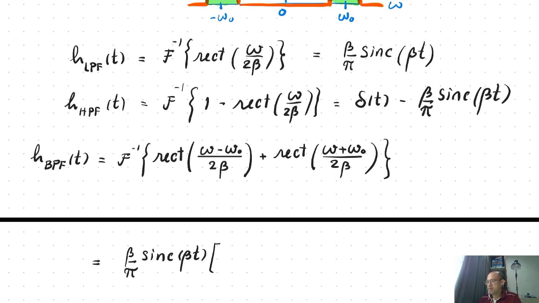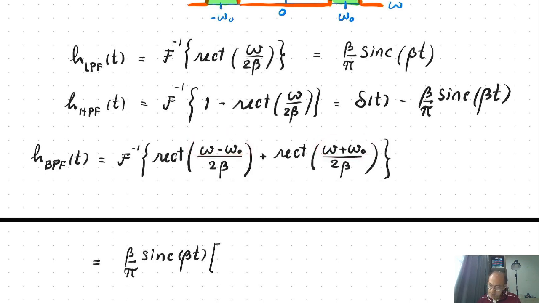If you remember, frequency shift in the frequency domain is, in the time domain, just multiplication by a complex exponential.